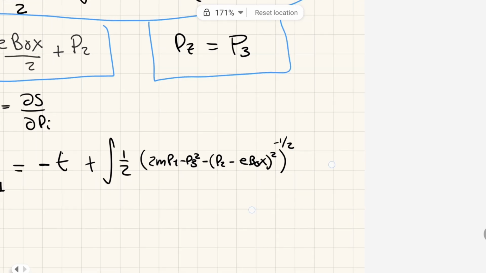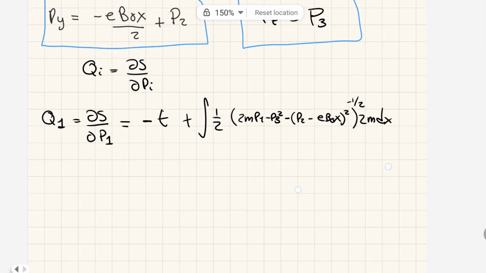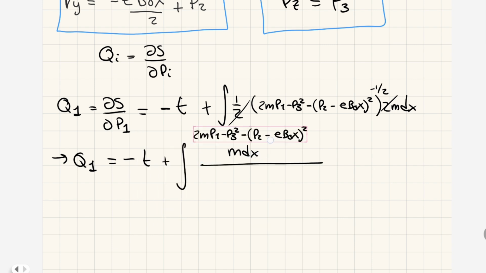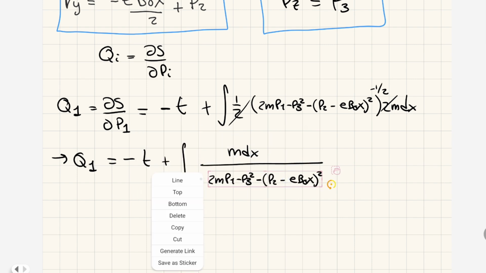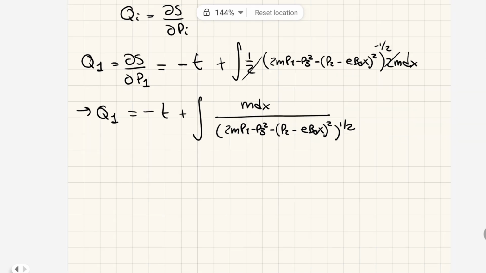And then times the derivative with respect to p_1 of what is inside this expression, but that is 2m and then dx, right? So we will get that q_1 is equal to minus t, plus, as we cancel these 2's, the integral of m dx divided by this quantity that is raised to the 1/2, right? Perfect. So with this we have q_1 already.